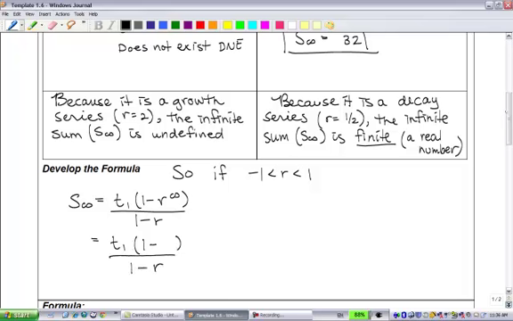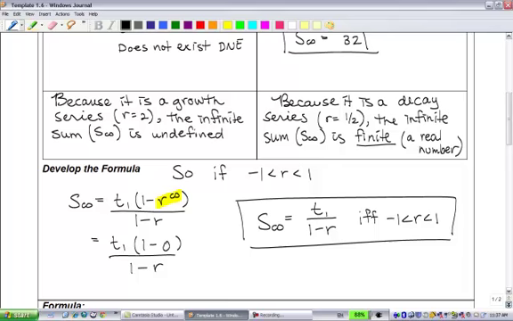If the r to the infinity here is based on a number between -1 and 1 being raised to the power infinity, that term should equal 0. And what we end up with is sum infinity equals basically just t1 over 1 minus r. And I'm going to put an IFF there, which stands for if and only if the common ratio is in between -1 and 1.